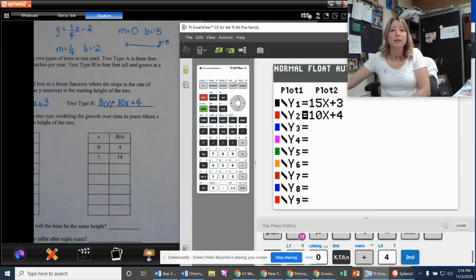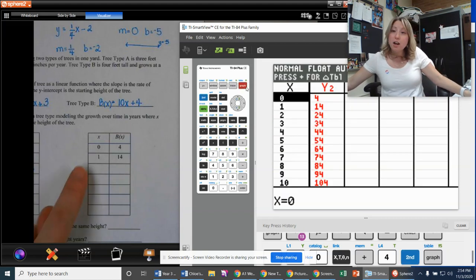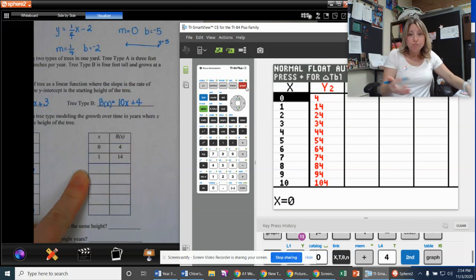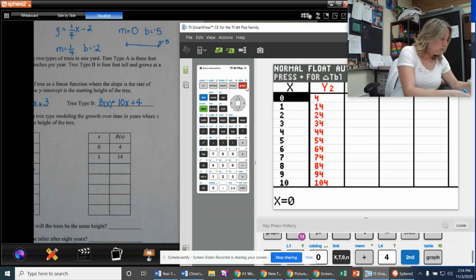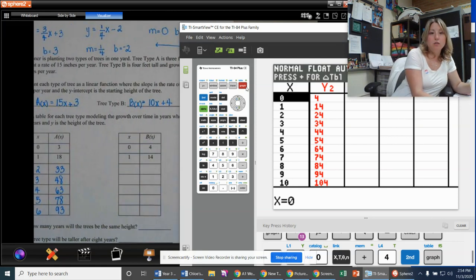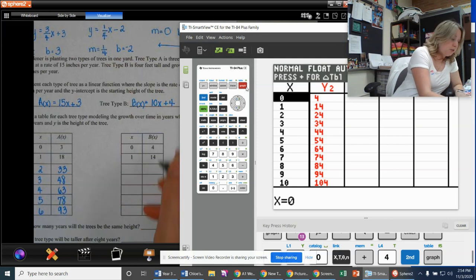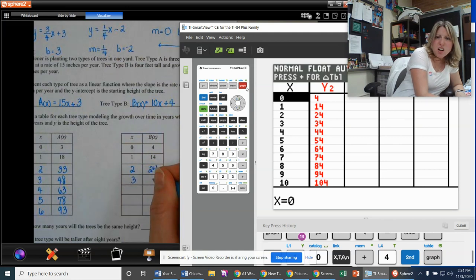Now press second and graph to see your table of points. And notice this time, because we started at 0 last time, we start at 0 automatically. And now I'm going to enter all these values. Look at this. So, okay, start with 0, 4, 1, 14, 2, 24, 3, 34.